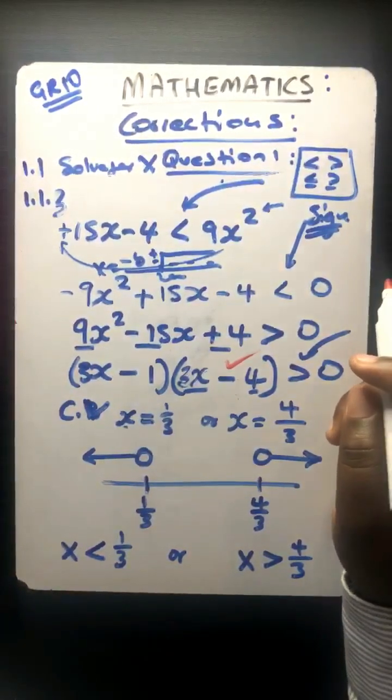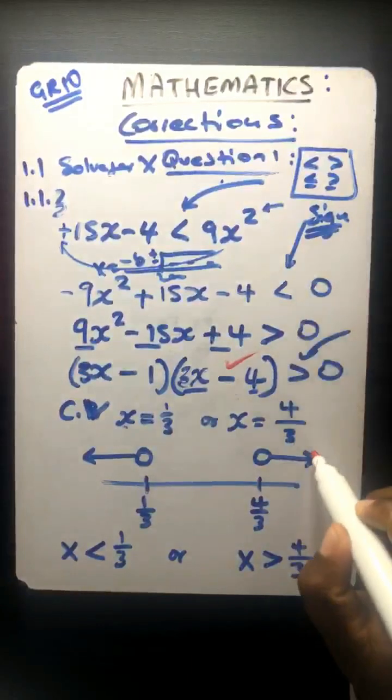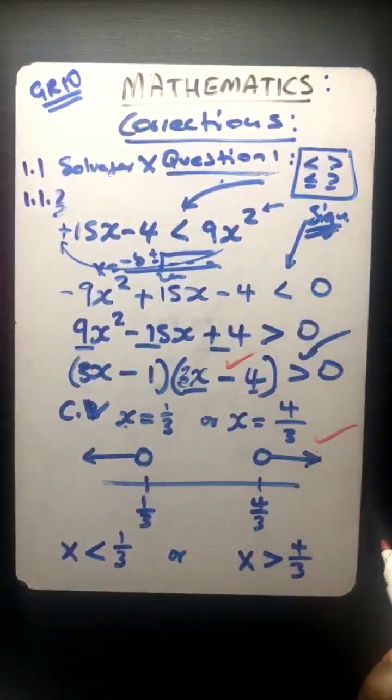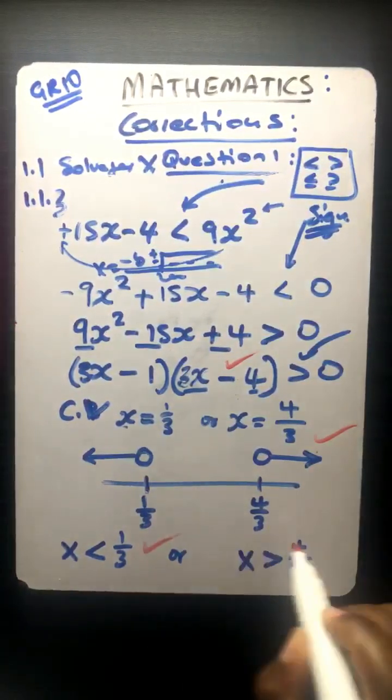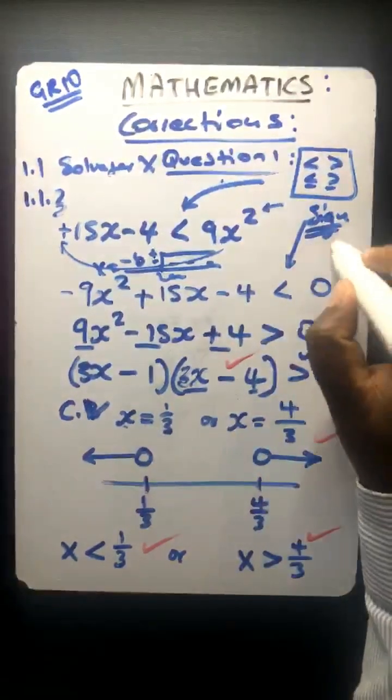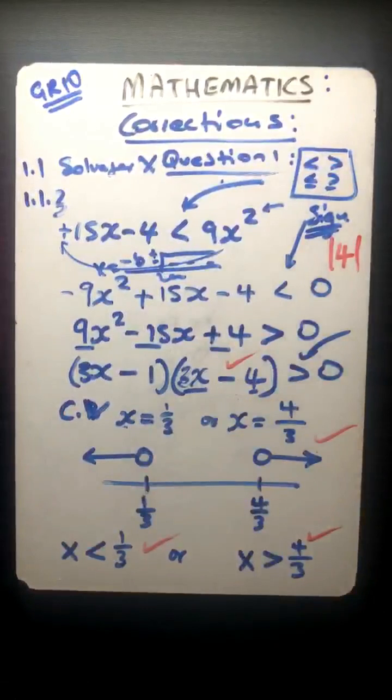And also for representing this, or otherwise for the critical values, we're just going to give you some marks, and most importantly, for your correct values, I think you also deserve some marks. So that's how you score yourself 4 marks for that question. Any question before I move on to the next problem?